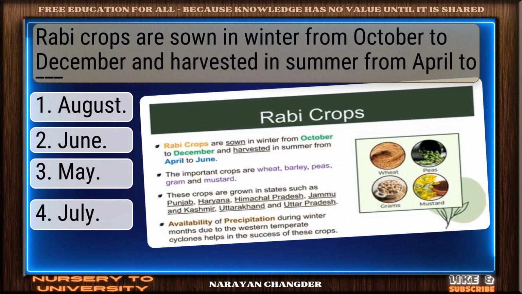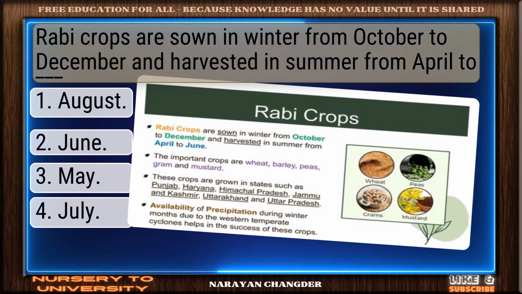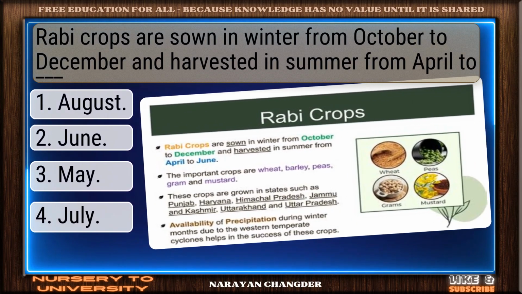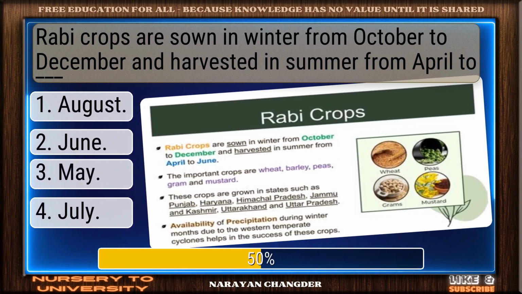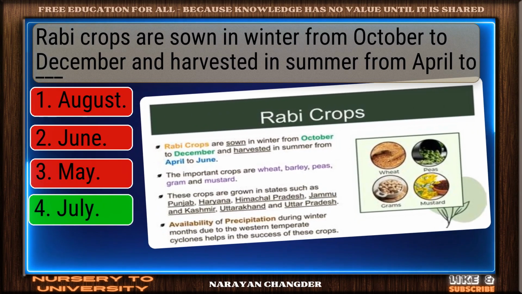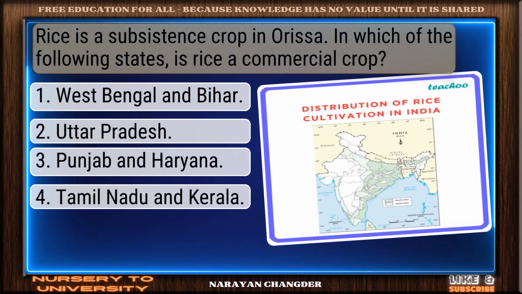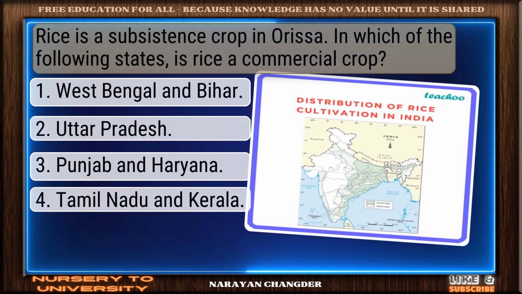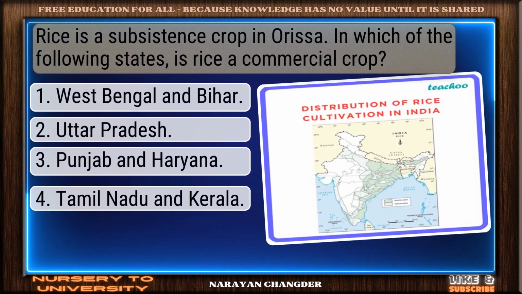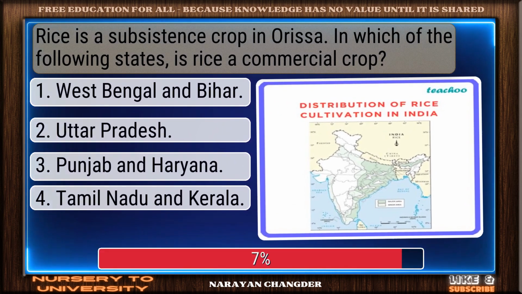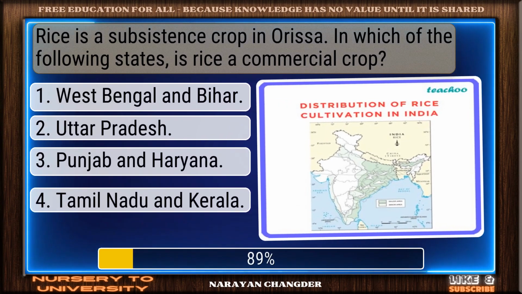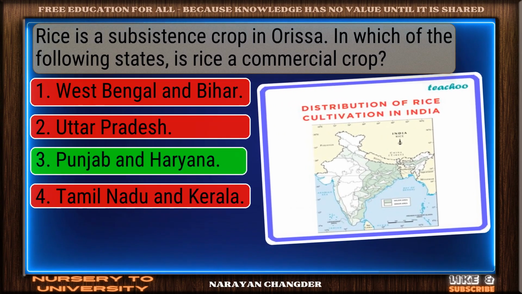Rabi crops are sown in winter from October to December and harvested in summer from April to July. Bravo. July is the answer. Rice is a subsistence crop in Orissa. In which of the following states is rice a commercial crop? Excellent choice.